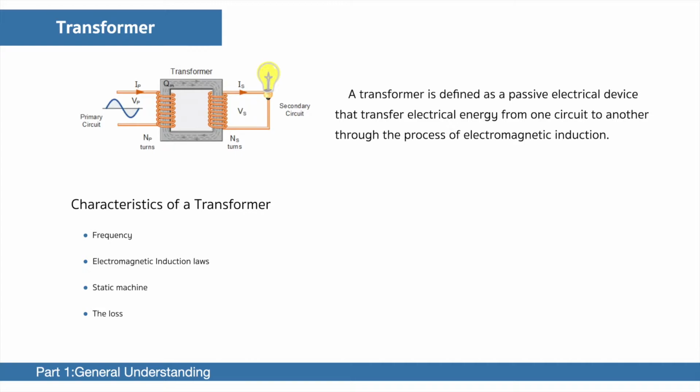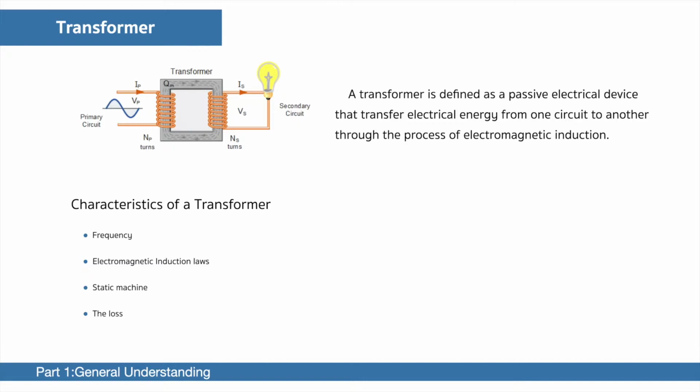A transformer is defined as a passive electrical device that transfers electrical energy from one circuit to another through the process of electromagnetic induction from Faraday's laws. It is most commonly used to increase or decrease voltage levels between circuits. For characteristics of a transformer, the frequencies of input and output power are the same.